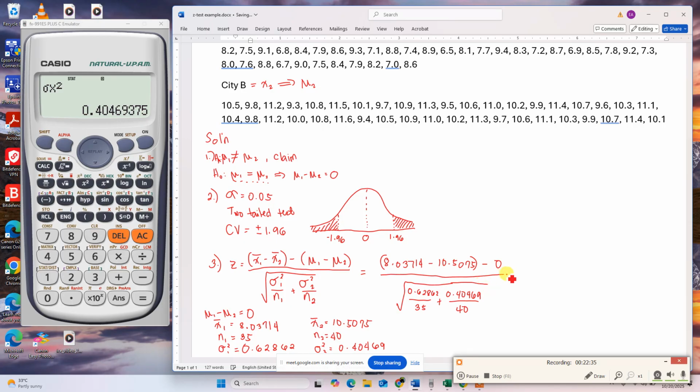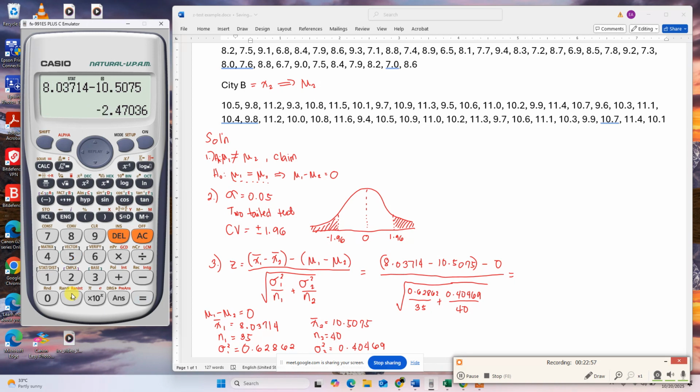We can now use our calculator. You have 8.03714 minus 10.5075.